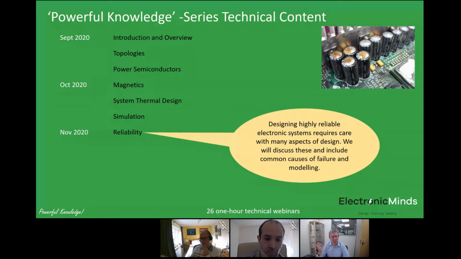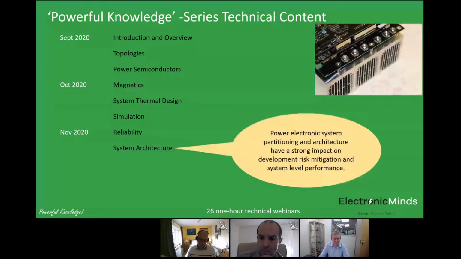So it's very important to understand what drives reliability in power electronics and understand some of the different failure mechanisms. And we're going to be talking about some of those failure mechanisms in that webinar, and also how to model lifetime based on scientific methods, if you like, so you can start predicting field failure rates and population failure rates, that sort of stuff. So that's a very important area of power electronics.